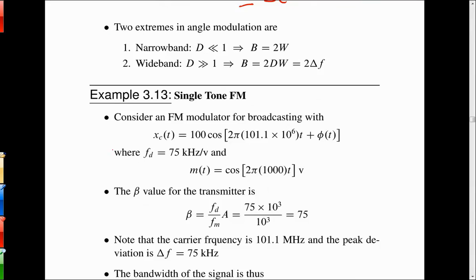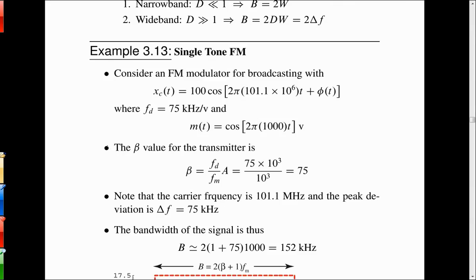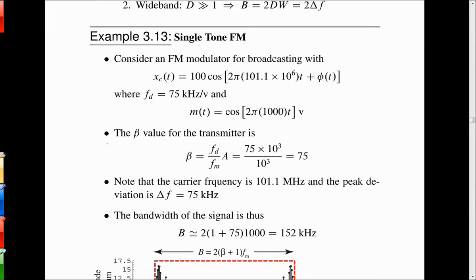So here's an example of a single tone FM. I picked FM broadcast as an example, 101.1 megahertz. In FM broadcast, the deviation constant is 75 kilohertz per volt, and the peak deviation is 75 kilohertz. So I'm saying the message has an amplitude of 1.